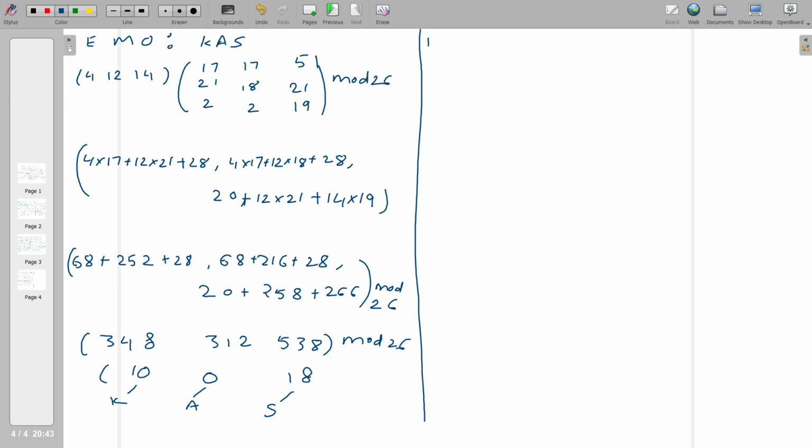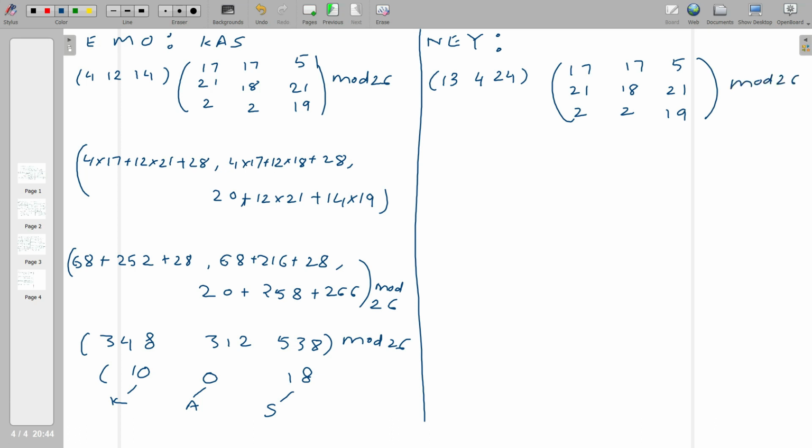And the last one is NEY. So the plain text matrix for NEY is 13, 4, 24, and the key is the same: 17, 21, 2, 17, 18, 2, 5, 21, 19, and it is a mod 26 operation. So let me multiply it again.